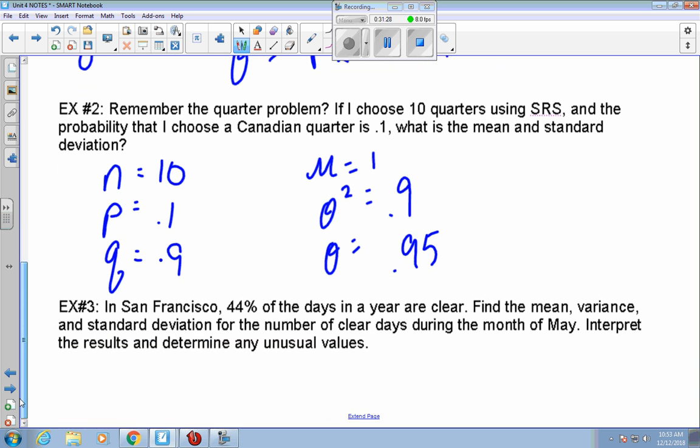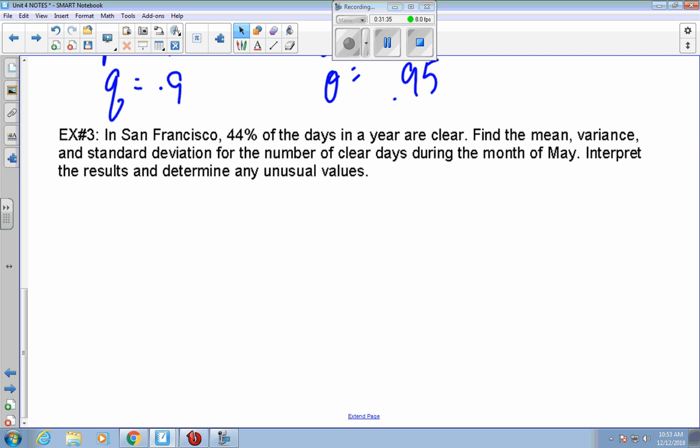And then the last one is example 3. You can try that. Find the mean, the variance, and standard deviation. Identify your n, p, q.